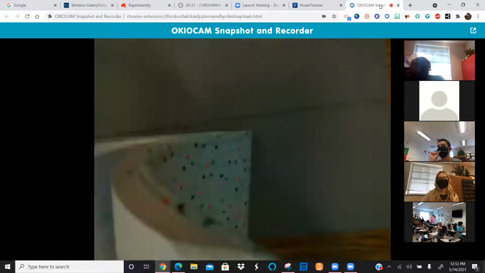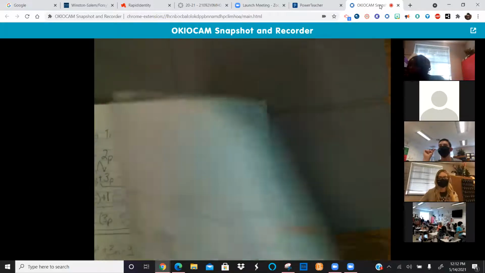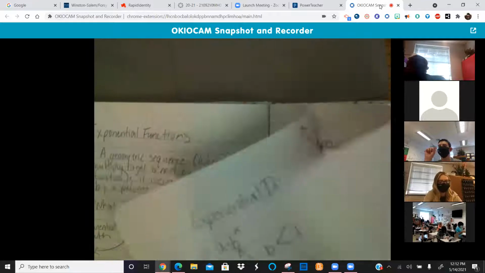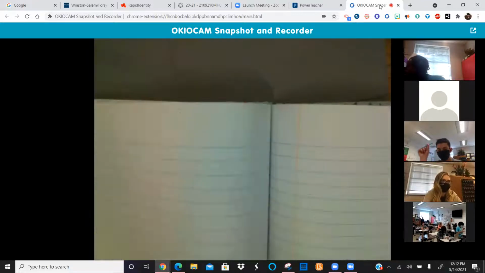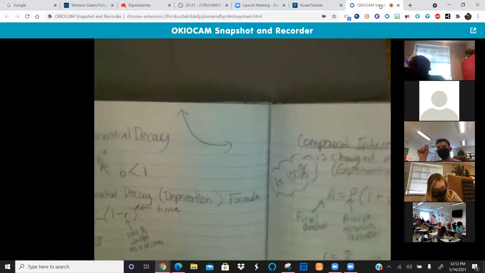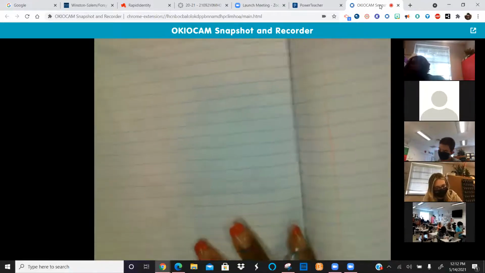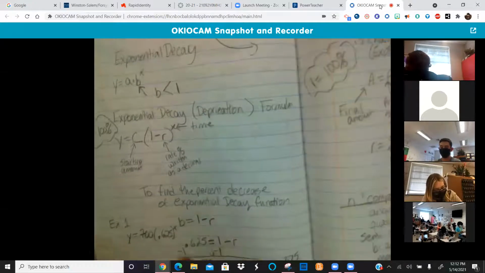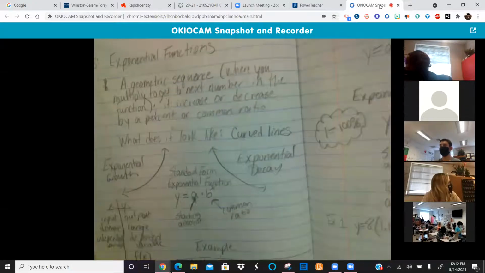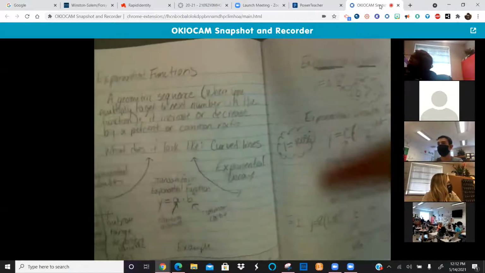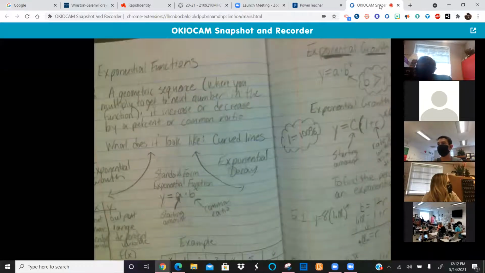All right. So let's go to a new page in your notebook. What page are we on right now? We're on page 24. Skip 23, which is going to be your exponential function notes from the video.